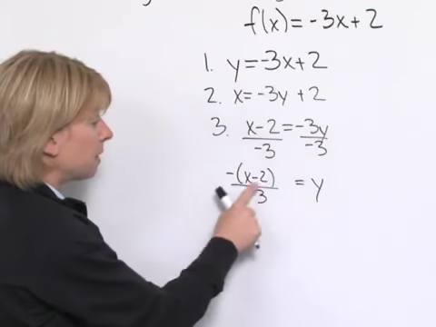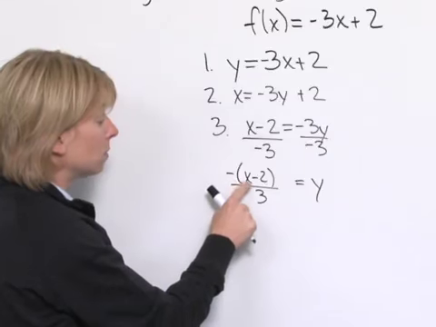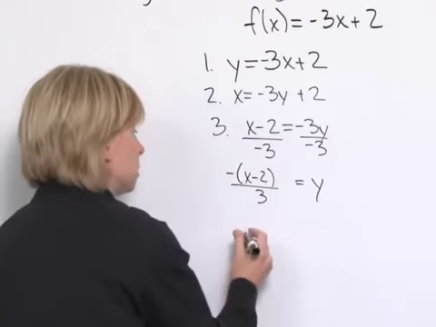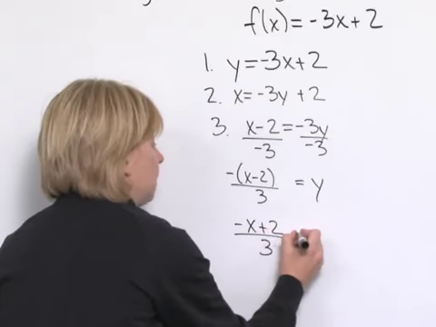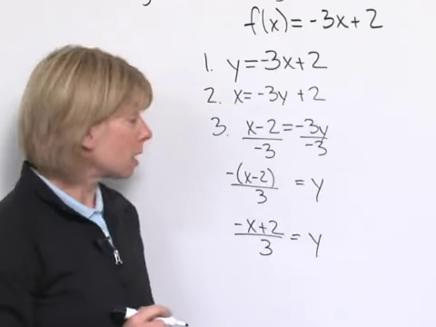So it looks like this, and then finally I'll simplify that numerator, distributing the negative 1 times the x, and then times the negative 2 for positive 2. Finally, I have y equals negative x plus 2 divided by 3.